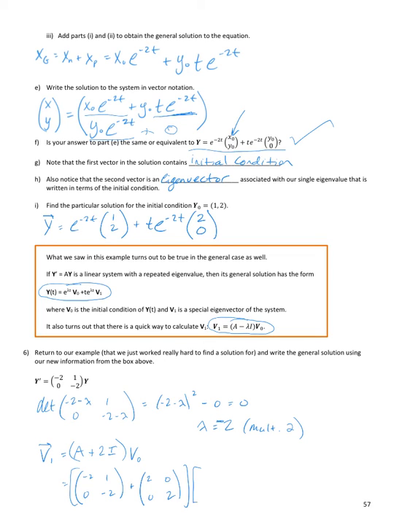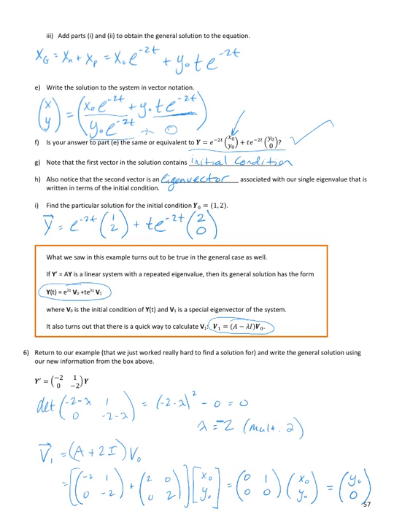All of that times the initial condition x naught, y naught. Okay, so my A plus 2I is going to be 0, 1, 0, 0 times x naught, y naught, which is y naught, 0. So that's my v1.